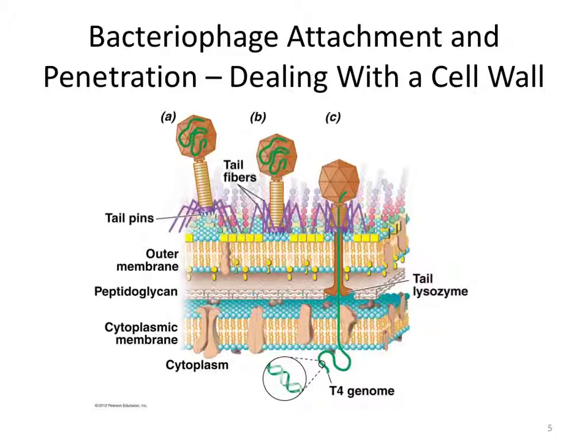And then what's happening is the sheath, which is this part here, is contracting. And when it contracts, there's an injection of an enzyme called lysozyme. You've heard of that enzyme before. It's an enzyme that we also produce, although we make a slightly different form of it, and we put it in our tears and our saliva.